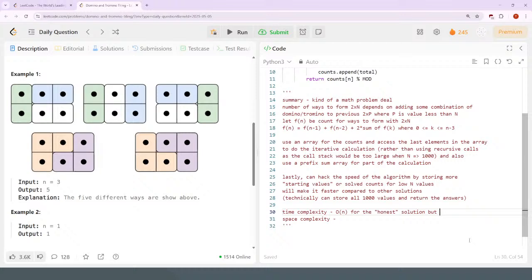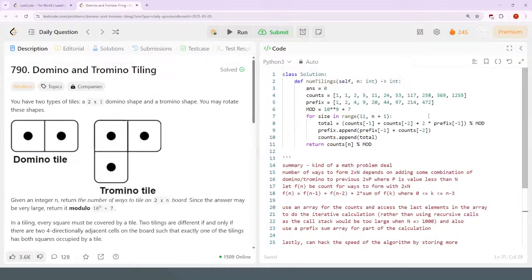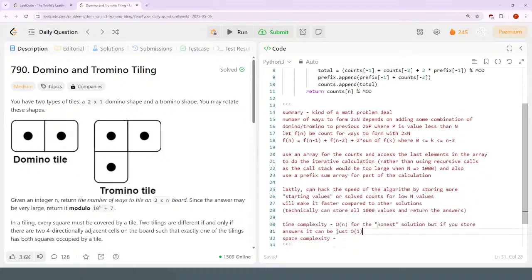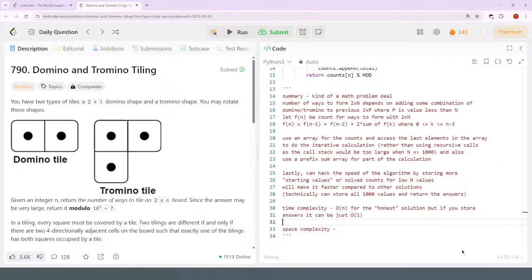But if you store answers, it can be just O of 1. In theory, because there's actually no variation in n, the range of values for n is finite, you could just store all the answers from a fixed array of solutions.